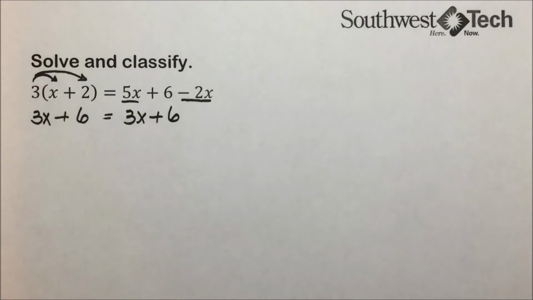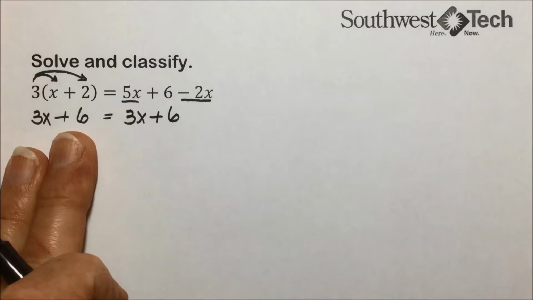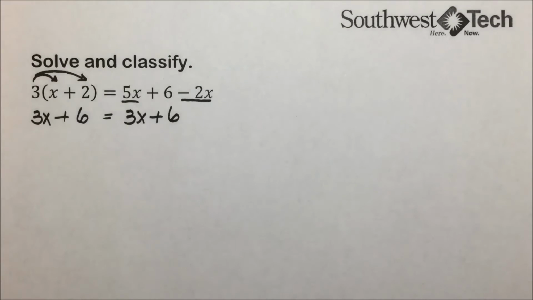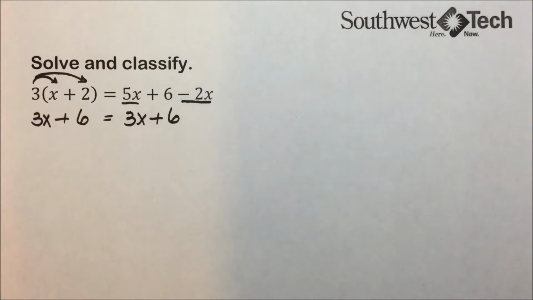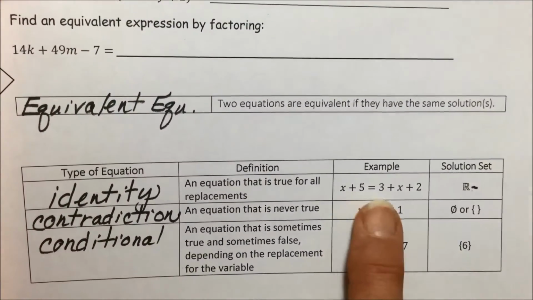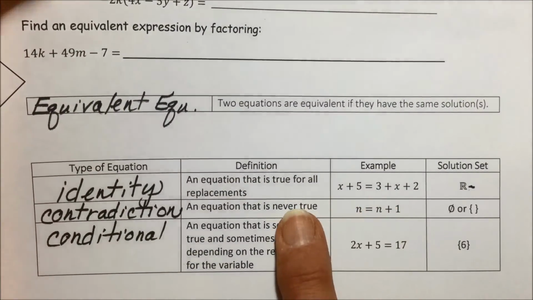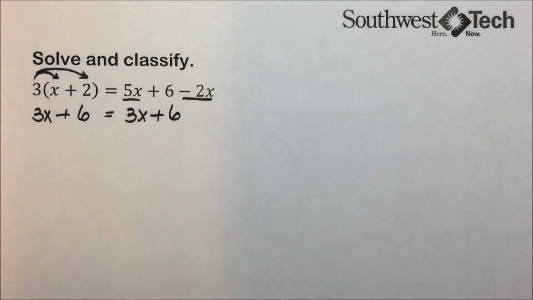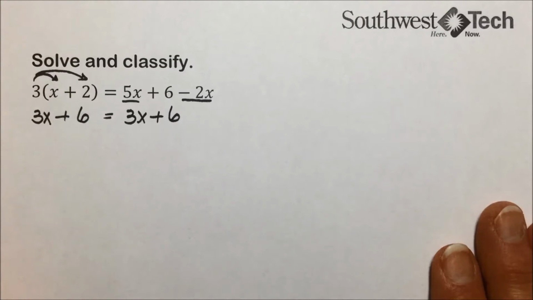Right now we can see that we have the same thing on the left as we do on the right. When you have exactly the same thing on the left as the right, we have an identity, and that means our solution is going to be all real numbers.